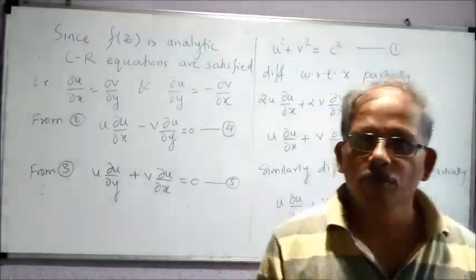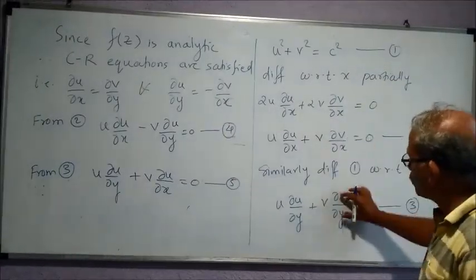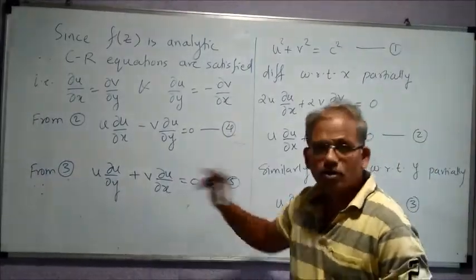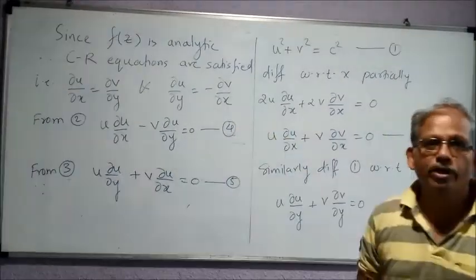So I have used the CR equations and changed the second factors, and I have got equations number 4 and 5.